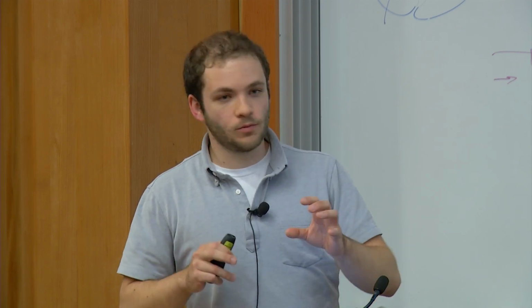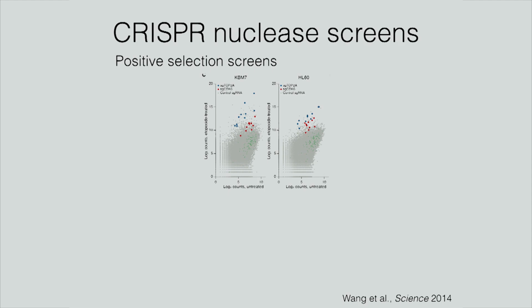And this is almost the raw data view of the output of a screen like this. So it's just the counts of the sgRNA in an untreated population against the counts in a treated population. And so if it's treated with the drug and it's resistant compared to the background distribution, you get really nice enrichment.